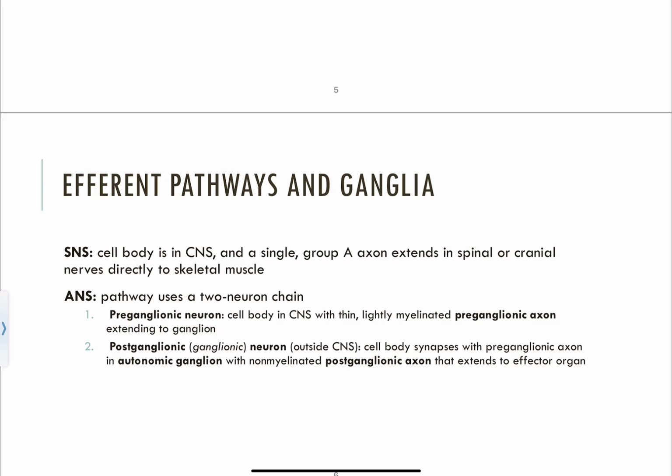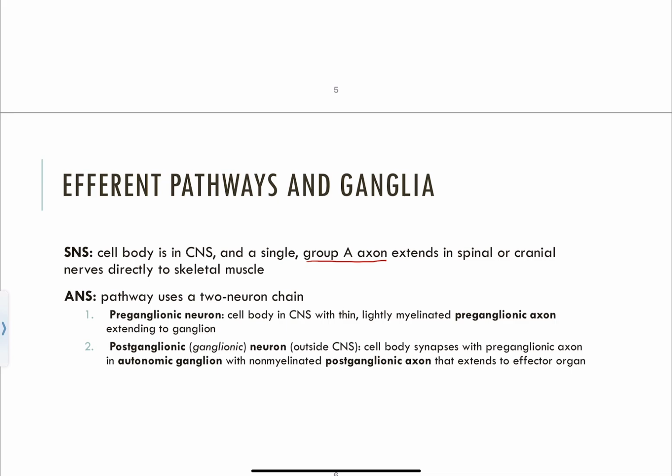So in our peripheral nervous system, we wouldn't have any collections of cell bodies because we don't have any synapses between neurons when we talk about the somatic nervous system, because it's just a single long axon that's going to extend from the spinal or cranial area and synapse directly on the skeletal muscle itself. The axon of a somatic motor neuron is a group A axon. So that means it's thick, has a large diameter, and it's heavily myelinated.